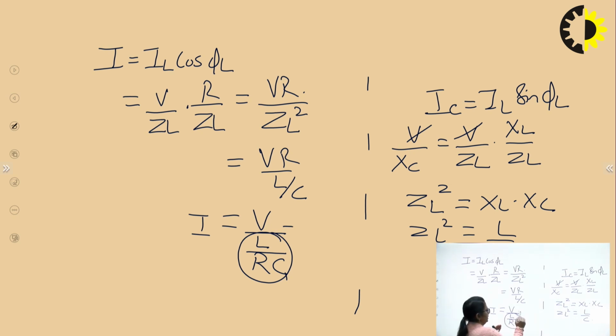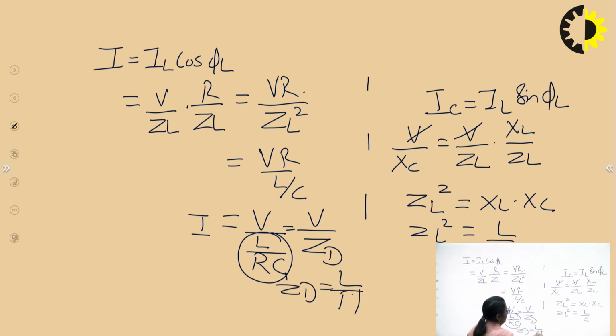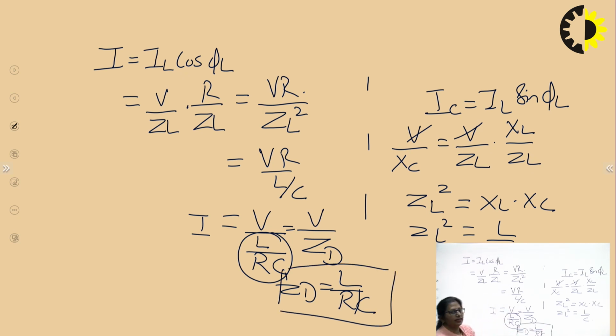So this is the impedance at resonance, which we call the dynamic impedance, the maximum impedance offered at the state of resonance. The expression for the dynamic impedance is Z is equal to L upon RC.